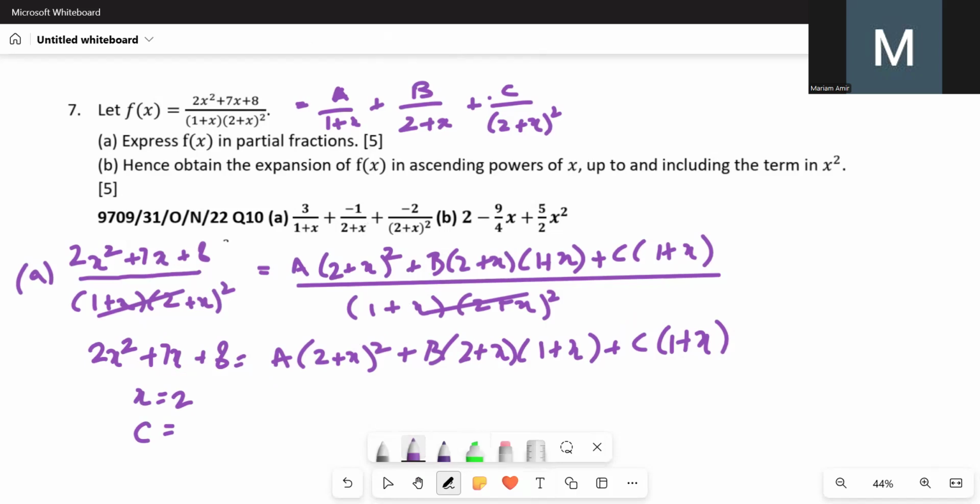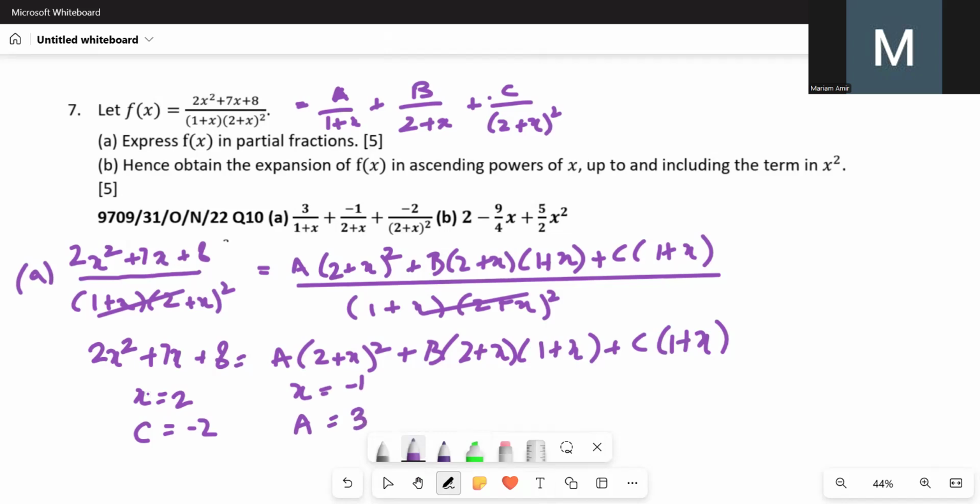I'll just give you the answer: c is equal to -2. Next, if I would like to make these 0, then x should be equal to -1. When x is -1, replace every x with -1 and you will get a equals 3 after all your working.